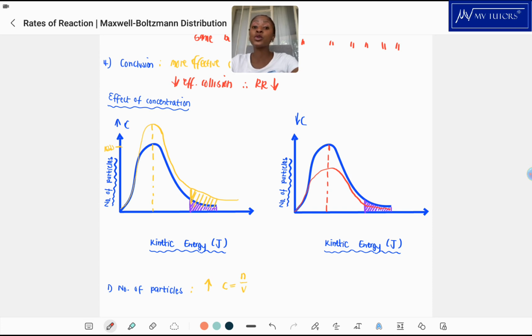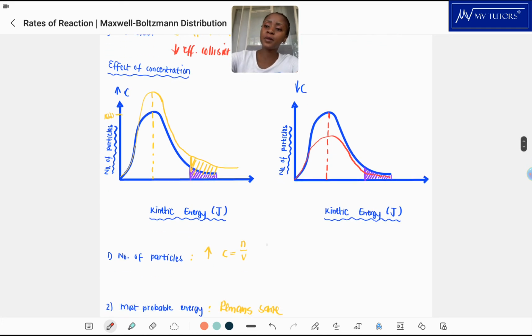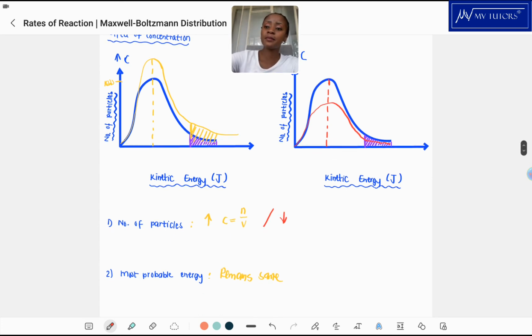The number of particles overall has decreased, and the area under the graph has also decreased.